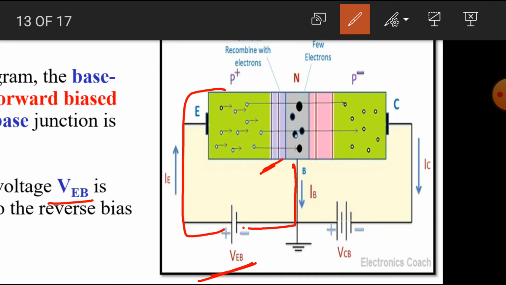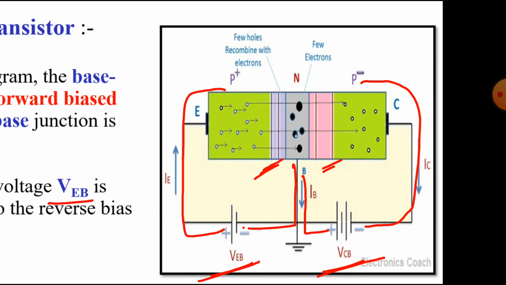While this junction is reverse biased: P-type material is connected to the negative terminal and N-type is connected to the positive terminal. But the difference is that VCB is much greater than VEB.